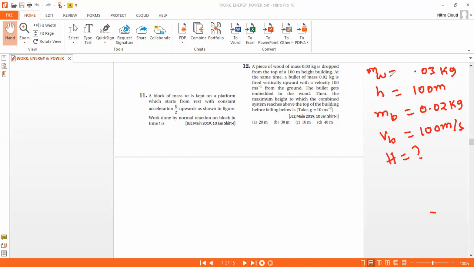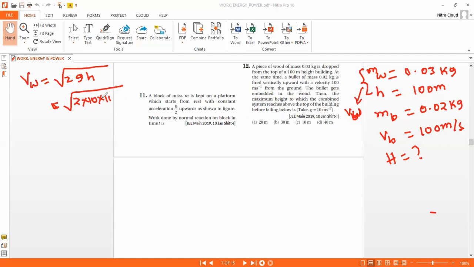Firstly, velocity of wood whenever it reaches the bottom: velocity of wood Vw will be under root 2gh, that is under root 2 into 10 into 100, so 10 into 2 root 5, so velocity of wood equal to 20 root 5.